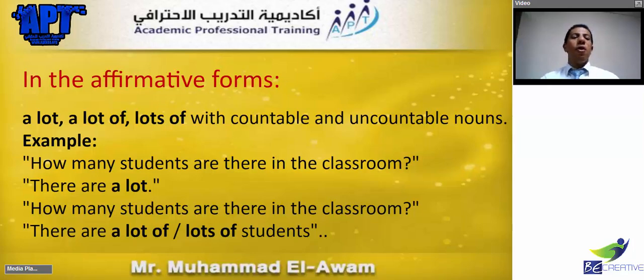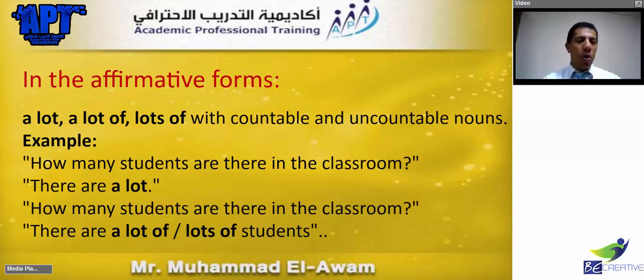Now, in the affirmative form, let's check this out. In the affirmative form, the positive sentence, a lot of, lots of. Check this out and pay attention to that one with countable and non-countable nouns. With both countable nouns and non-countable nouns.